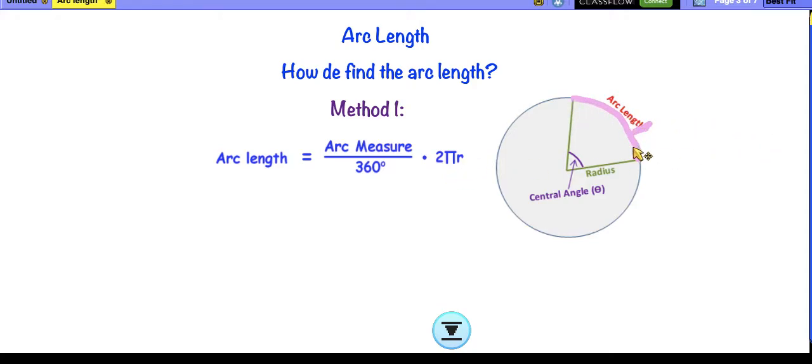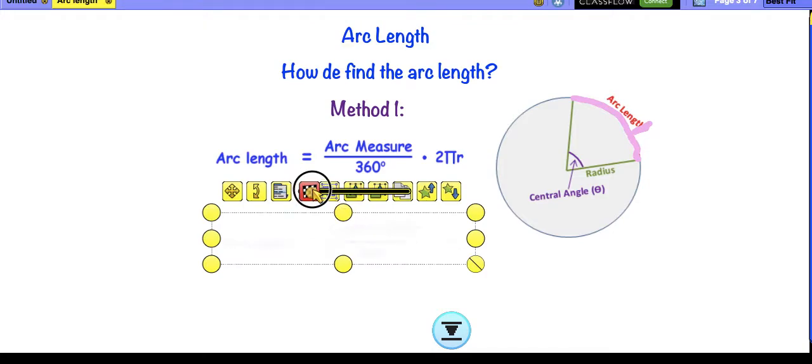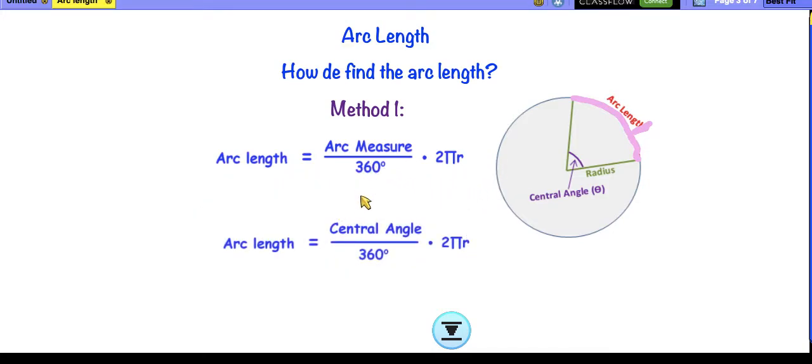Whatever ratio this piece of arc takes up of the 360, times 2 pi r, that will be this formula. Since we know the arc measure is always equal to the central angle measurement, instead of using the arc measure, we can just use the central angle. It really doesn't matter which one you use, it will be exactly the same thing. Arc measure or central angle, exactly the same. So that's the first method we can use.